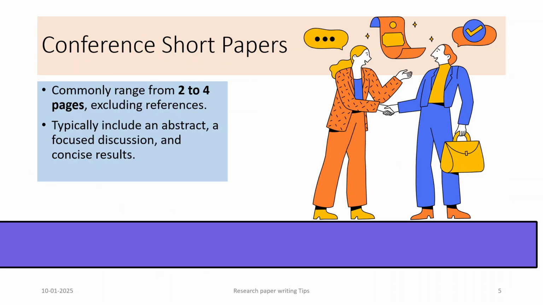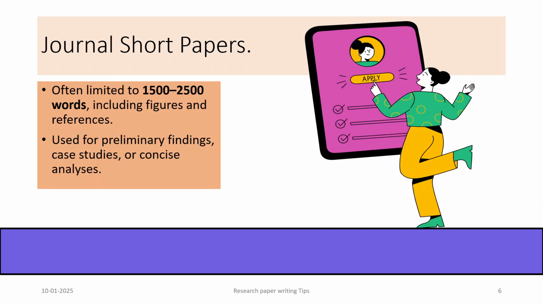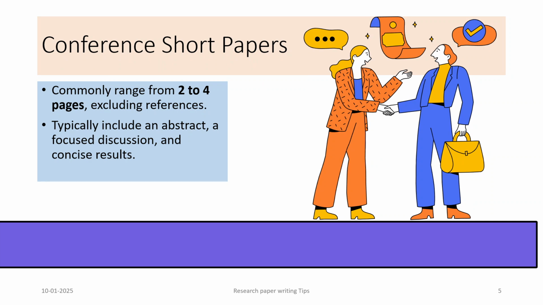Now, when I'm talking about a conference, there must be short papers for the conference, and there can also be short papers for the journal. What are conference short papers? Conference short papers commonly range from 2 to 4 pages, excluding the references. Remember, typically it includes an abstract, a focused discussion, and some concise results.